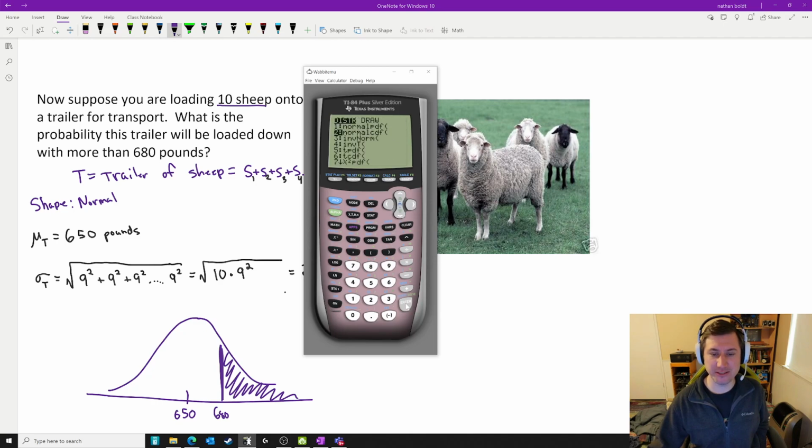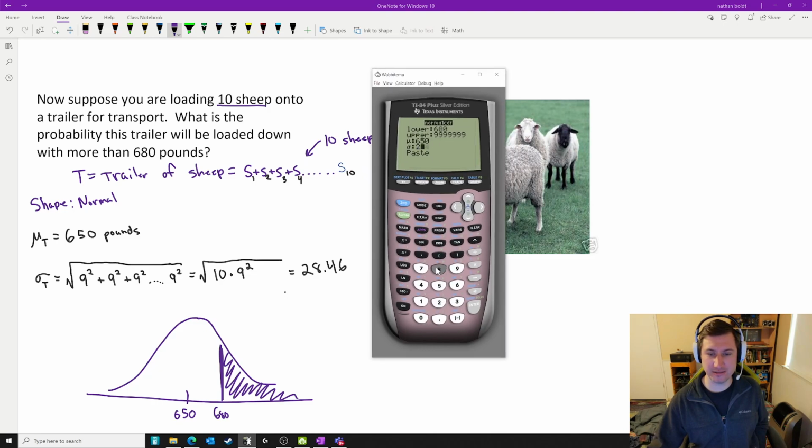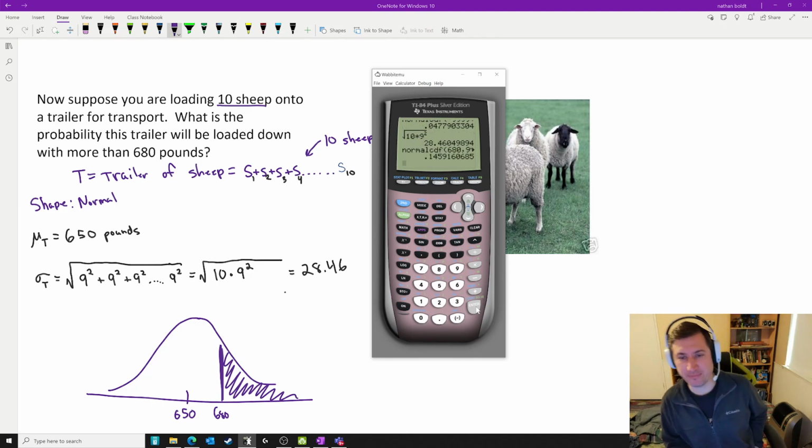All right, once I have my visual, I can now type this into my calculator, normal CDF. So the lower is 680, the upper is infinity. The mean is 650. And the standard deviation was 28.46. So there is a 0.1459, so 0.146.